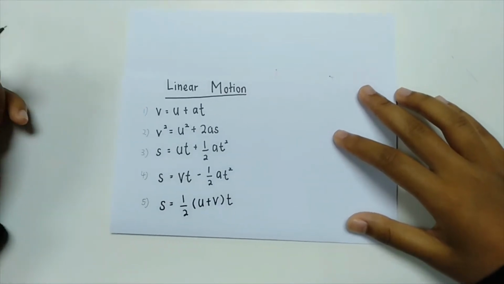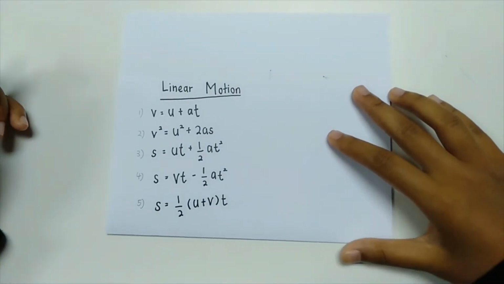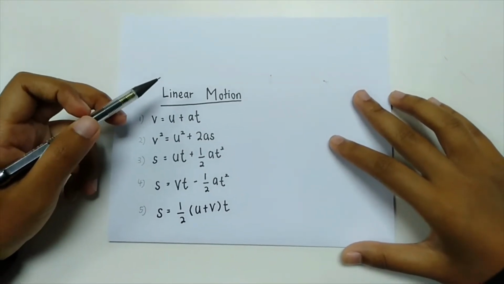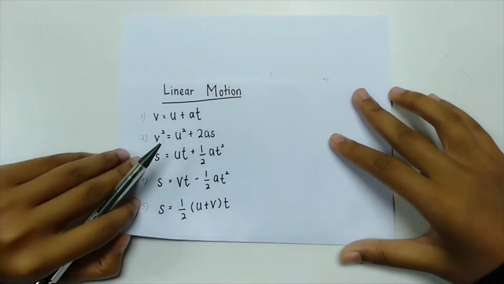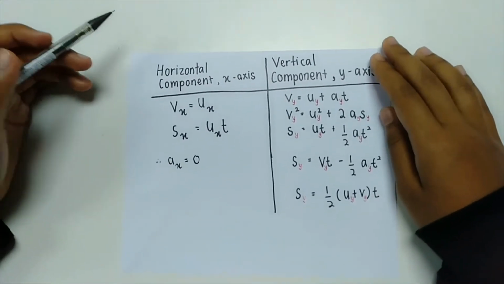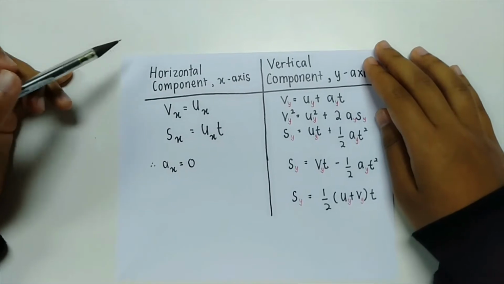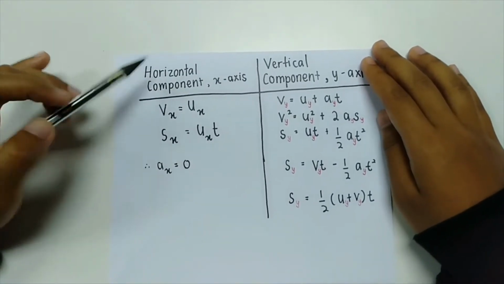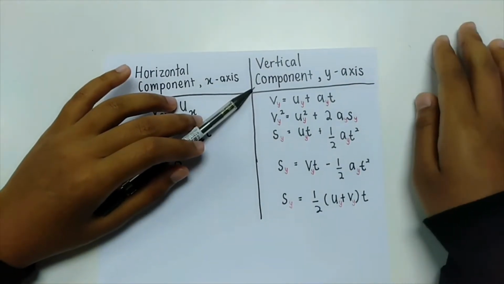Okay, in this chapter, in two-dimensional motion, we also will learn this linear motion, but more complicated. In two-dimensional motion, there are horizontal component as the x-axis and the vertical component as the y-axis.